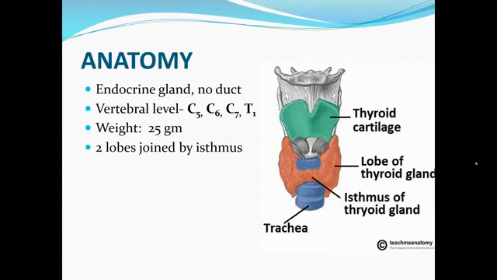There are other endocrine glands. Now you should know what an endocrine gland is. An endocrine gland is a gland which secretes its hormones into the blood or internal body fluid.